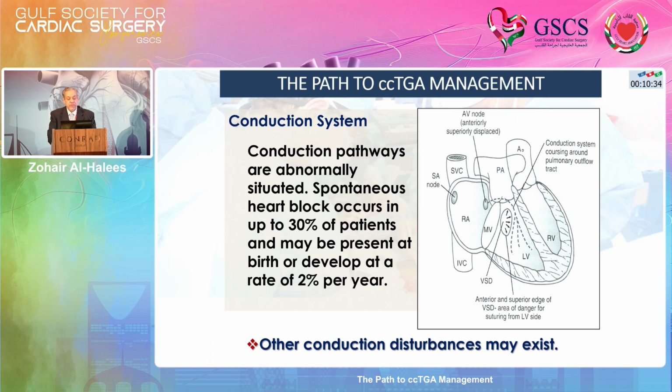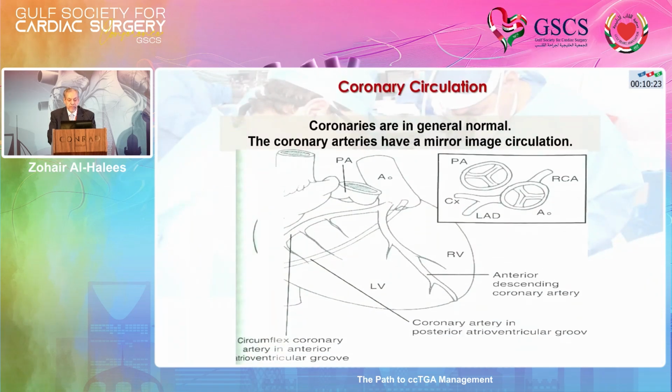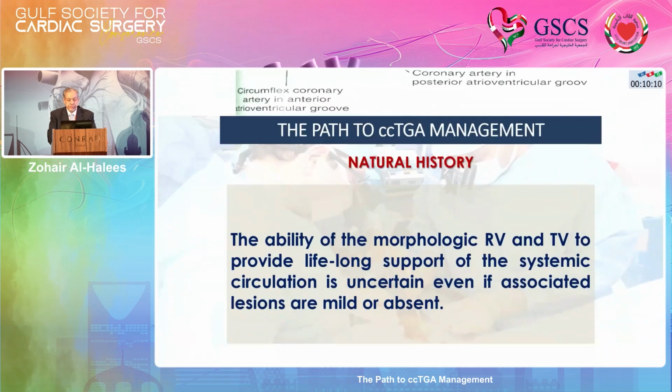Heart block may also develop with growth of the patient at about 2% per year, and there could be other conduction disturbances. Coronaries are normal in general, but they are basically a mirror image of what we see with normal hearts.